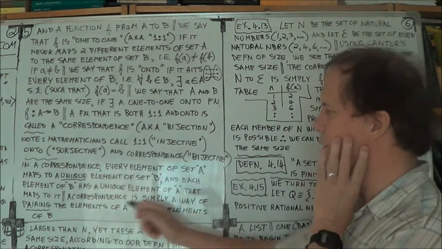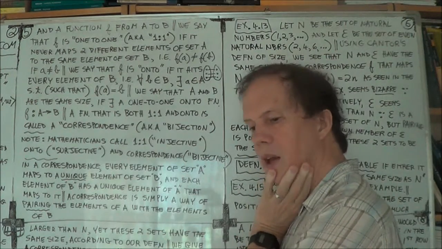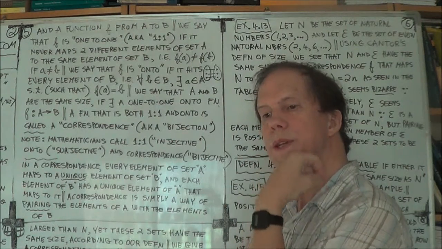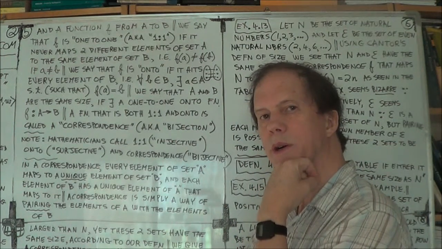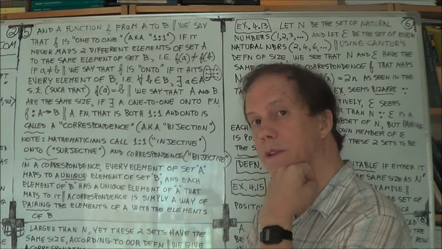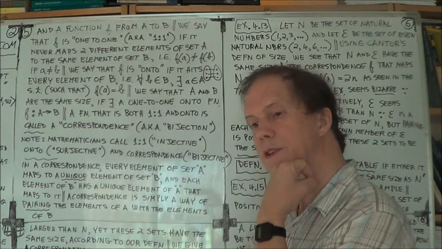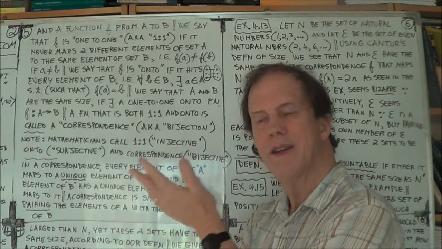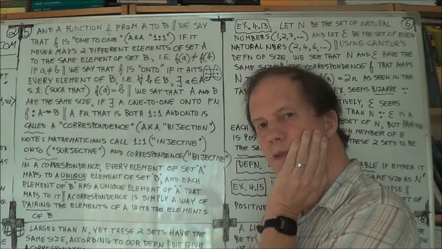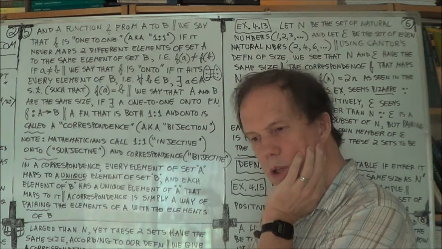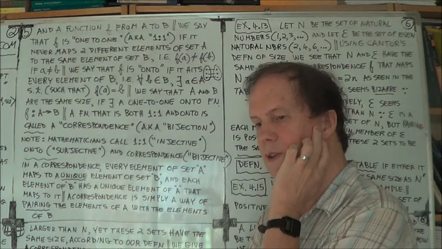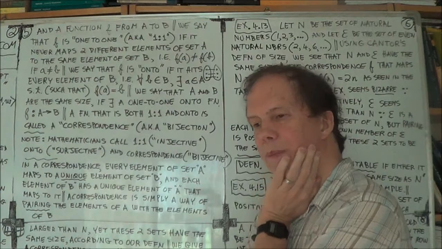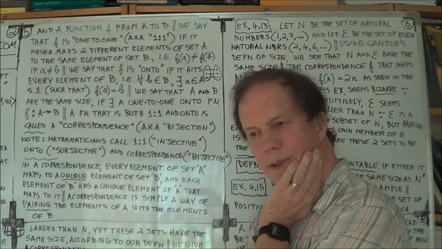So here's the critical point for Cantor. Remember that two sets are the same size if you can pair them off effectively. Even if the sets are infinite, if you can create a correspondence, if you can create a bijection between two infinite sets, then according to Cantor's definition, those two sets have the same size. Size, I guess, in inverted commas, because you're certainly not counting the number of elements.